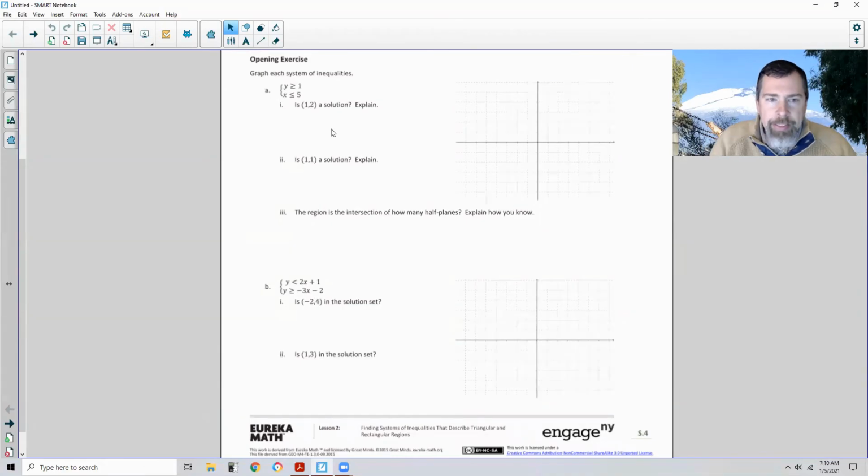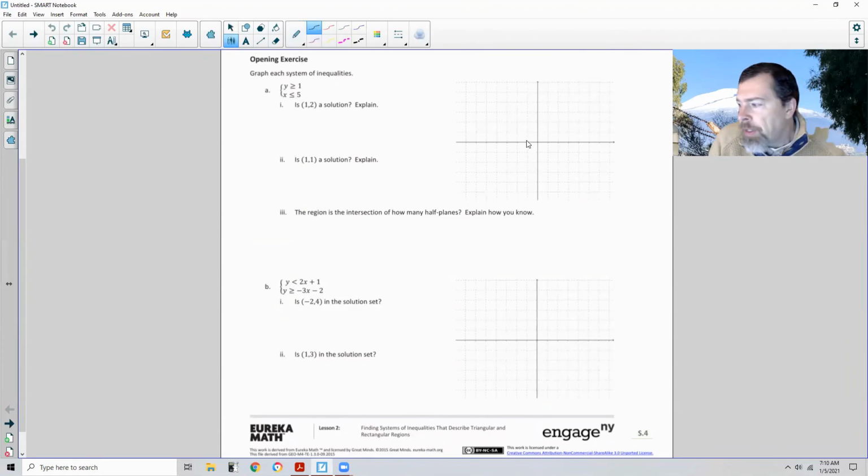In other words, is it in that region that makes both true? So if I were to graph these, y is greater than or equal to 1, x is less than or equal to 5.